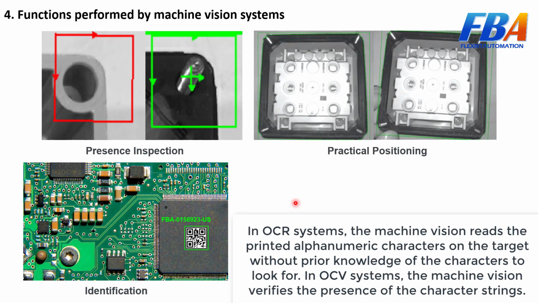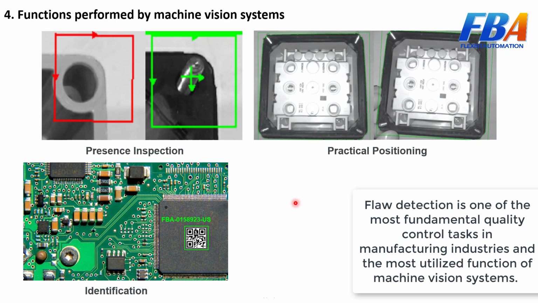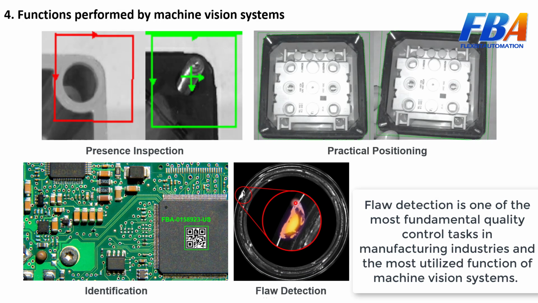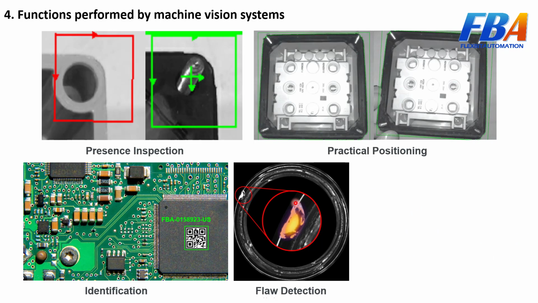The next function is flaw detection. Flaw detection is one of the most fundamental quality control tasks in the manufacturing industries, and the most utilized function of machine vision systems. In flaw detection, the machine vision searches for defects such as scratches, blemishes, gaps, contaminants, discolorations, and others present on the part surface, which can affect the product's functionality and reliability.